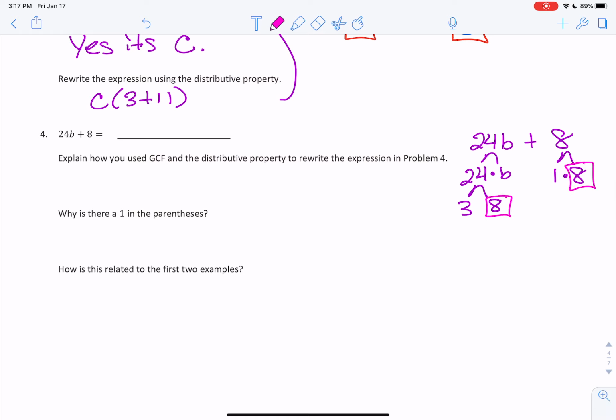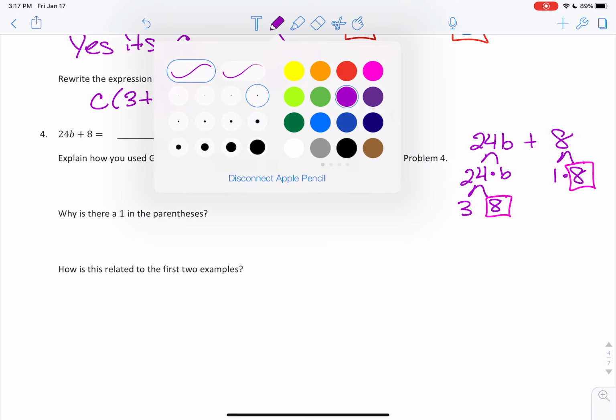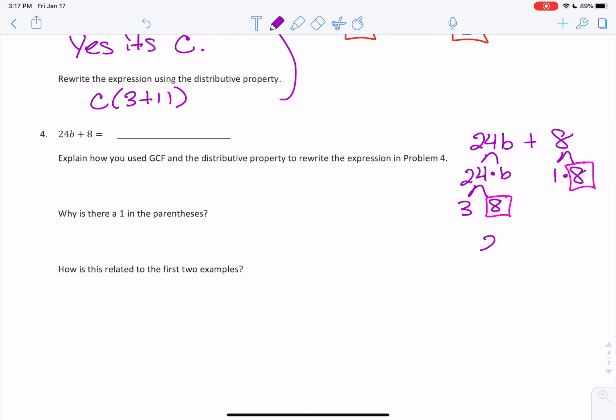Now traditionally, if we were going to do a regular factor tree, and I'll show you, we would do 2 times 12 because we want to break it down to its smallest factors. 2 times 6, and then 6 is 2 times 3, and we can't break down 2 or 3 anymore, so we would be done. Then we would see that we have all these 2's in common, and 2 times 2 times 2 is 8.